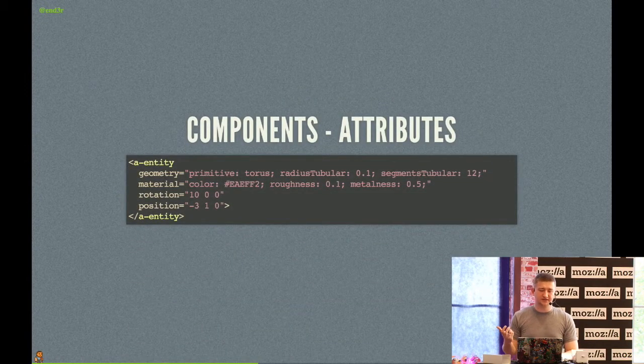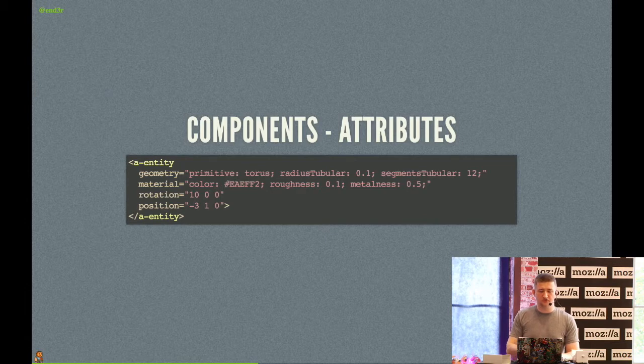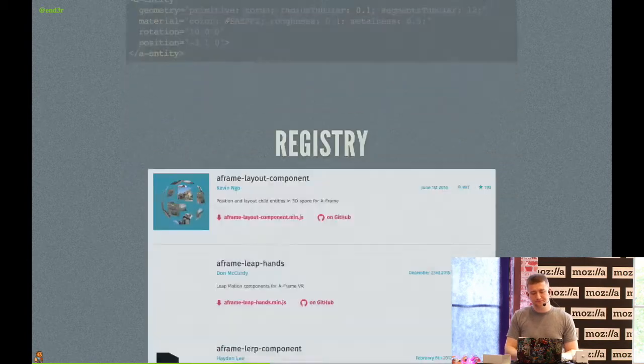So those entities have components, which you can call attributes. So basically, you can write HTML, which is an entity, and just set some attributes like geometry, material, rotation, etc., etc. And just by writing that, you can create 3D models that look pretty nice, do something on the screen.